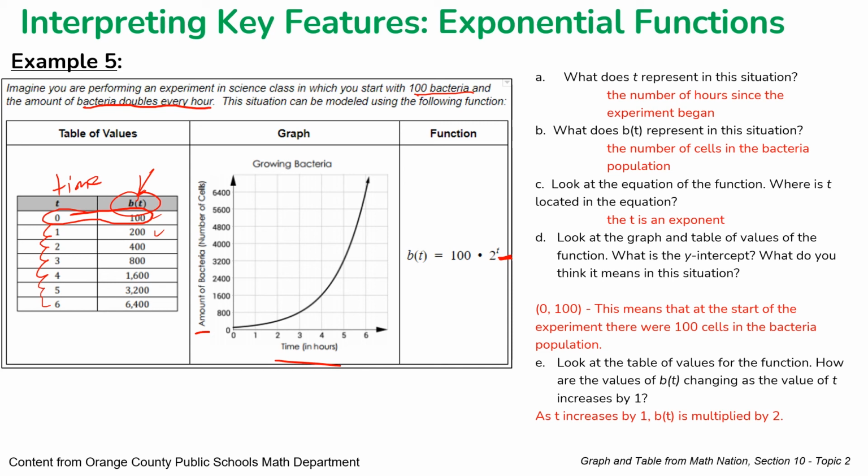So 100 times 2 is 200, 200 times 2 is 400, 400 times 2 is 800. And so we get the pattern there, which is why our common ratio is 2 right here. And our initial value is 100. Remember, the initial value is your y-intercept, so that would be your A, which is the initial value, and B would be your common ratio there.